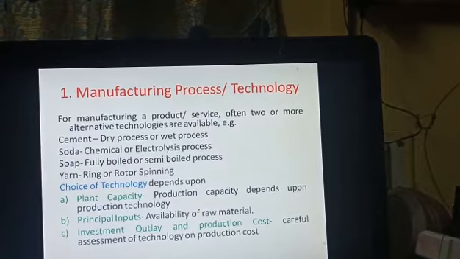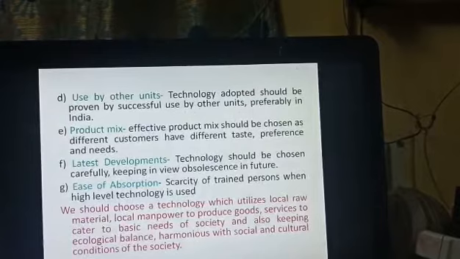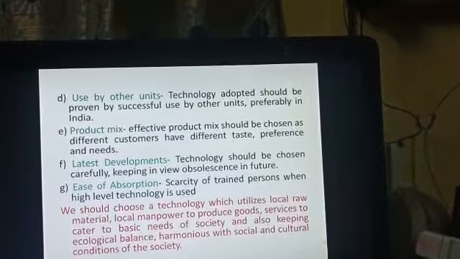Then investment outlay and production cost. Careful assessment of technology on production cost is to be studied. Use by other units: technology adopted should be proven by successful use by other units, preferably in India. So we will have to study that this technology is already used by other industries and what is the performance.